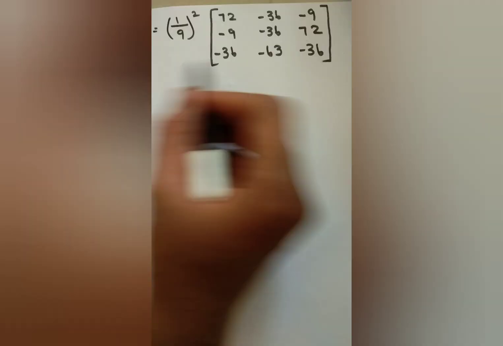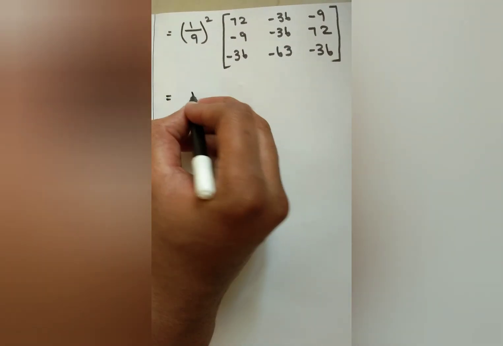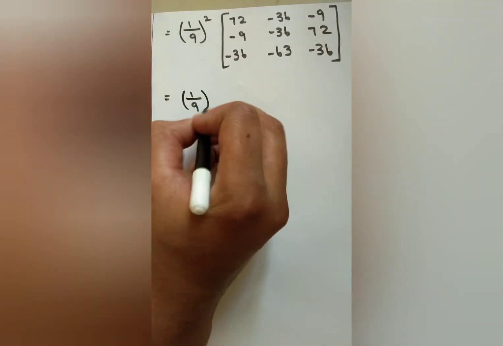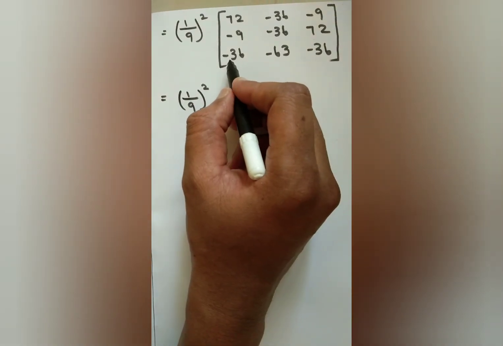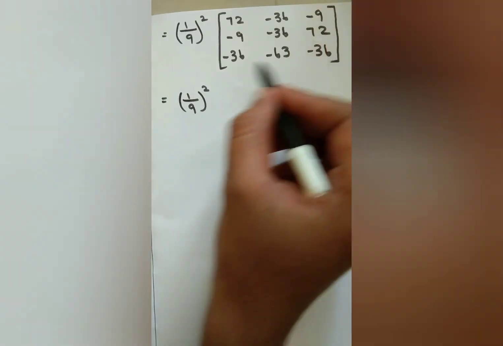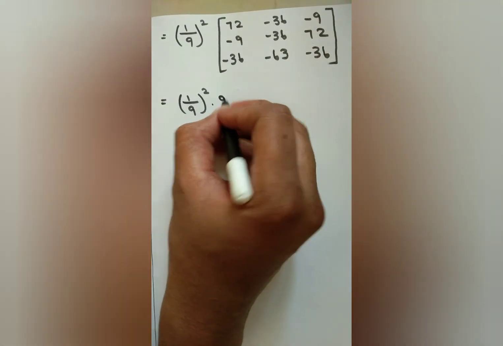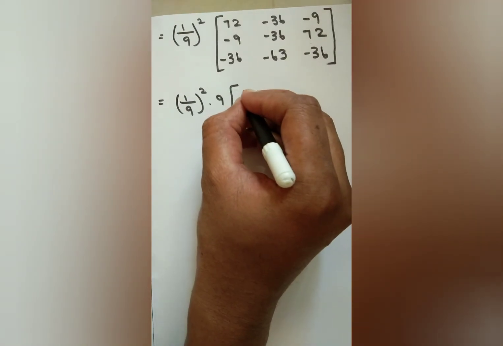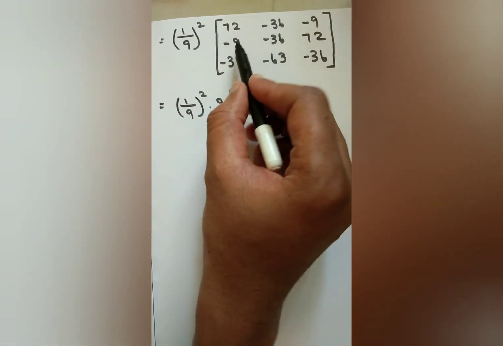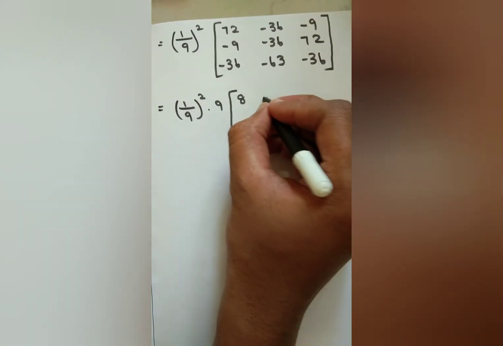This is my adjoint of A. Now I am going to take a number 9 common from this matrix.